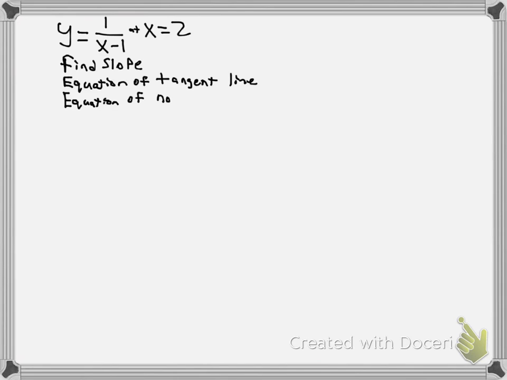First things first, find the slope of the curve. To find the slope of the curve, I have to take the limit as h approaches 0 of f of x plus h minus f of x all over h. And in this problem, we're going to let x equal 2.